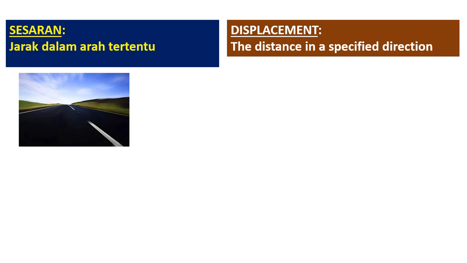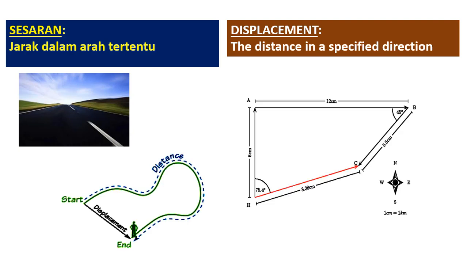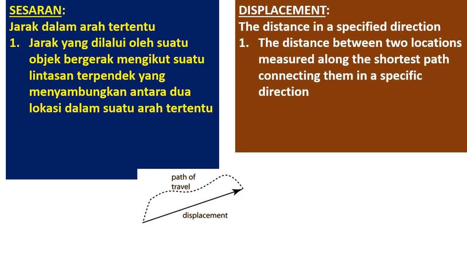Okay. So displacement is the distance between two locations measured along the shortest path connecting them in a specific direction.